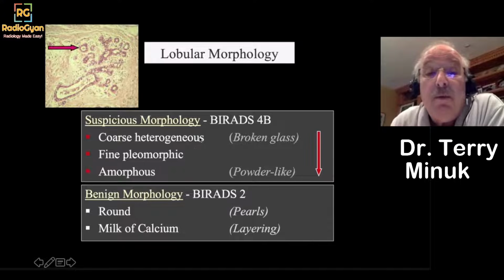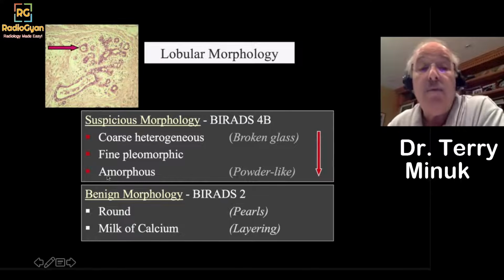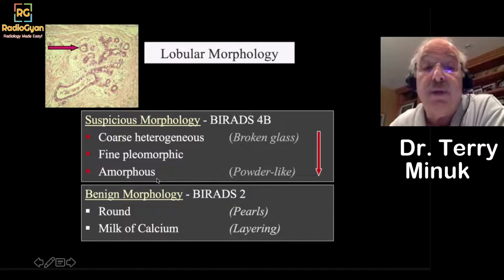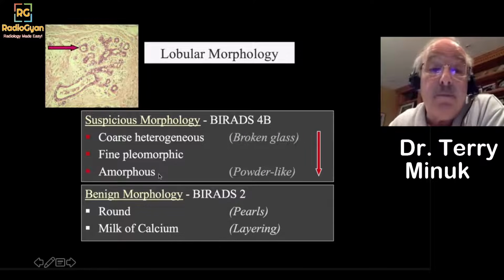The calcifications are bigger than 0.5 millimeters. Fine pleomorphic, smaller calcifications, maybe like a few grains of sugar ground up into smaller pieces. And amorphous, they're powder-like calcifications. You can barely see them. They're almost like talcum powder.